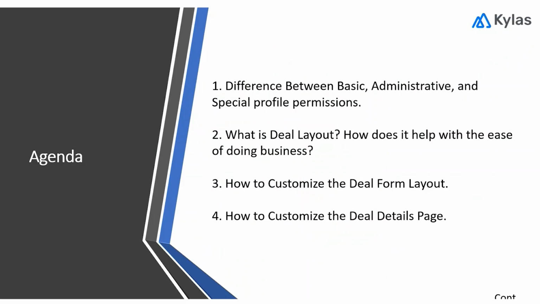So we saw the difference between the basic permission, the administrative and special profile permission, which will allow to create the record, update the record and delete for the basic permission, plus for the administrative, which will allow to read, update or delete all the records available in the system, and special profile permission, which will actually allow the user to perform additional activity such as adding notes, creating tasks, giving a call to your prospect or setting up a meeting, adding documents.